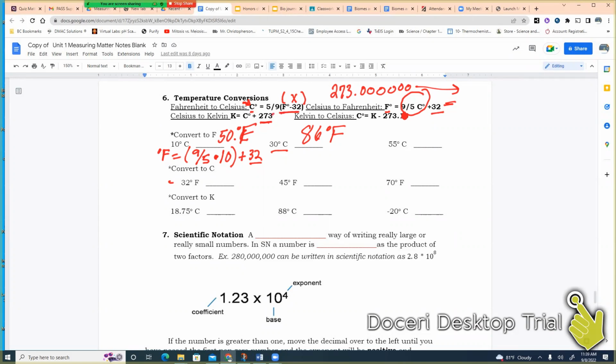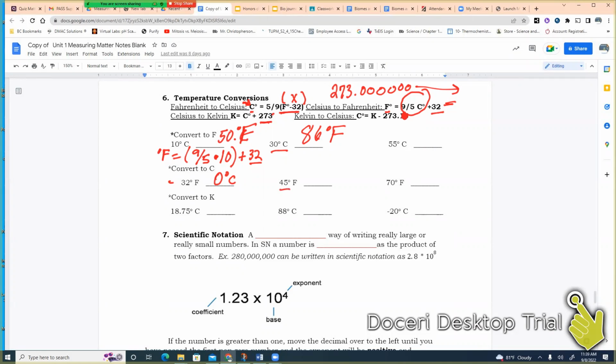So when I multiply 0 times 5/9, it doesn't change it. So this would be 0 degrees Celsius. We usually tend to measure things in Fahrenheit. So 0 degrees Celsius, 32 degrees Fahrenheit, that's when water freezes on 2 different scales.